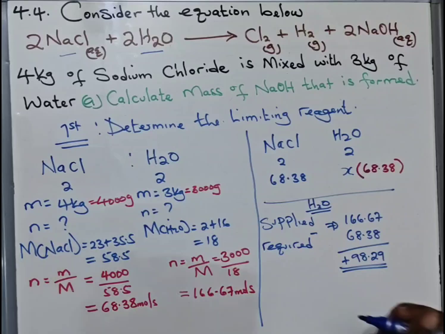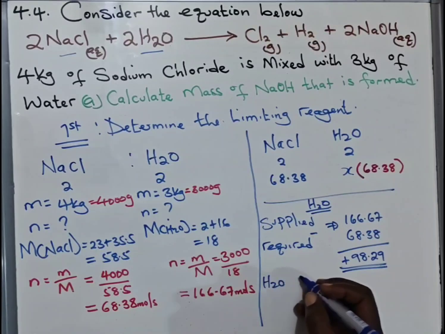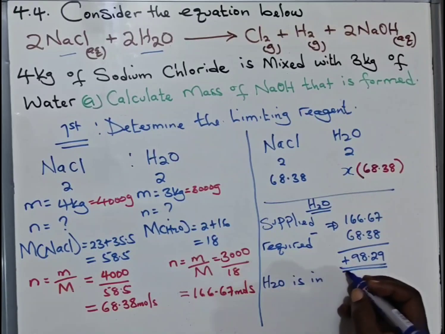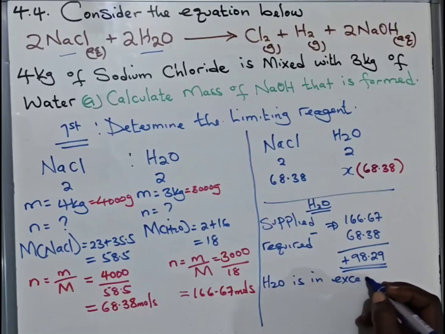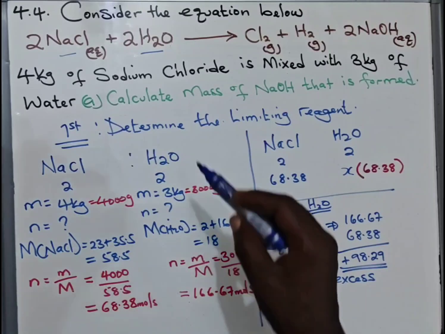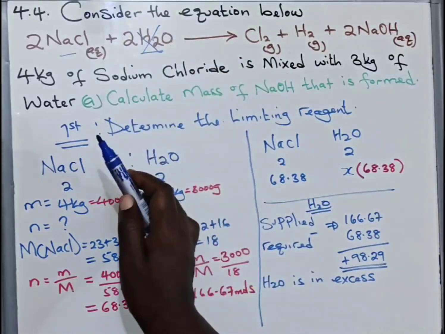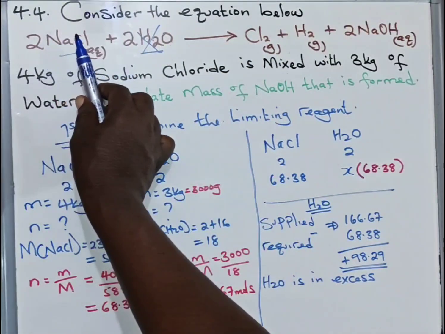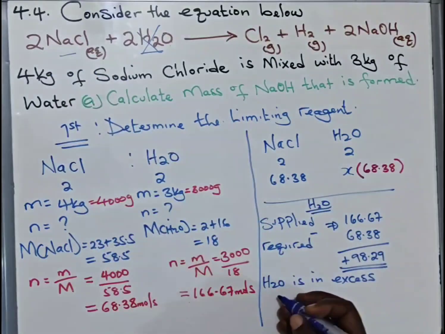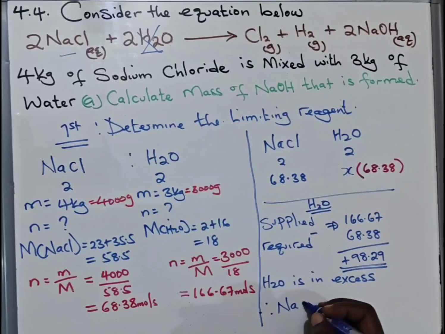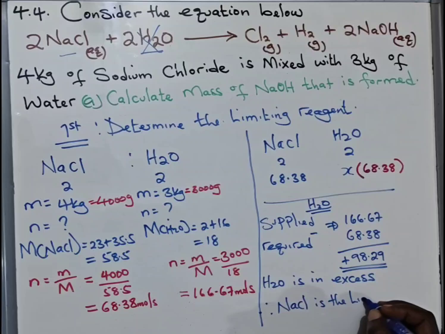It means that water is in excess. And if water is in excess, it means that sodium chloride is the limiting reagent. So we can say here that therefore sodium chloride is the limiting reagent.